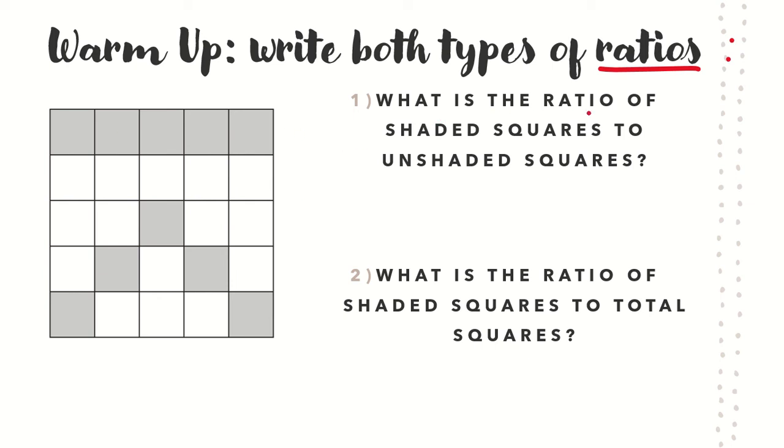Number one says, what is the ratio of shaded squares to unshaded squares? So we're comparing shaded versus unshaded. Counting the shaded, that is 1, 2, 3, 4, 5, 6, 7, 8, 9, 10. There are 10 shaded, and then all of the white squares would be the unshaded.